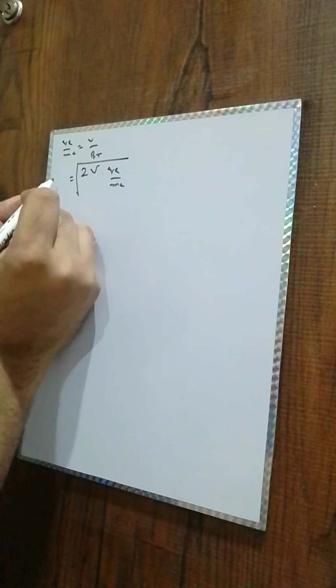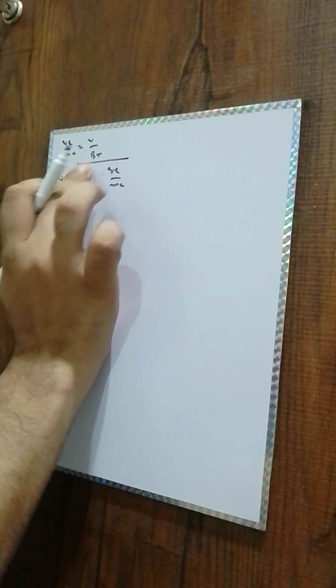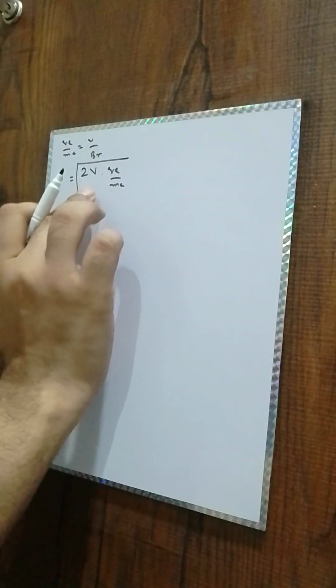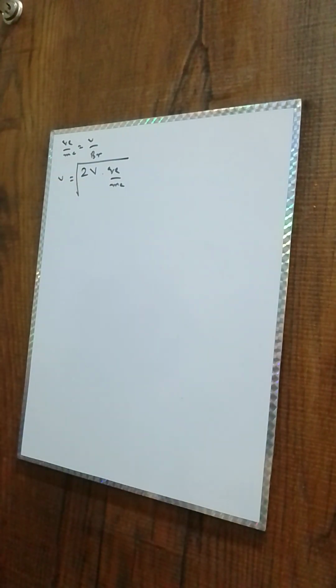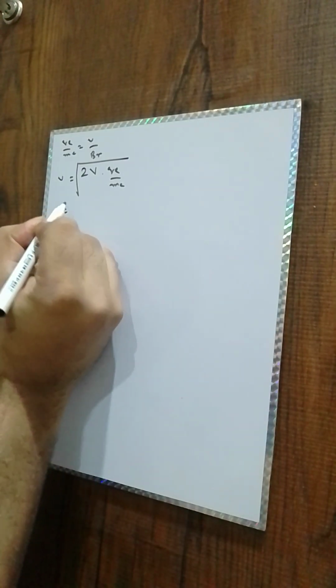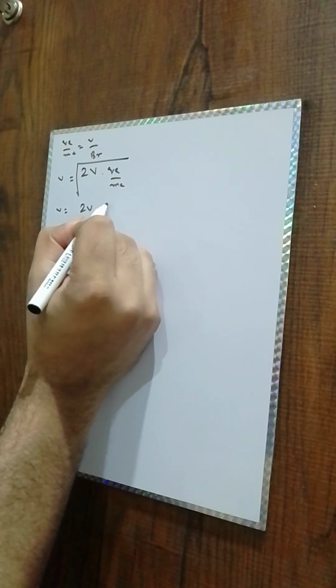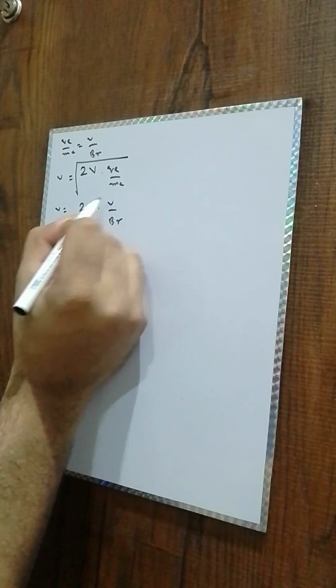So this small v is velocity, and this capital V here is potential, as we know, because it's not being reduced in the degree. So v is equal to the root of 2V dot v by Br.